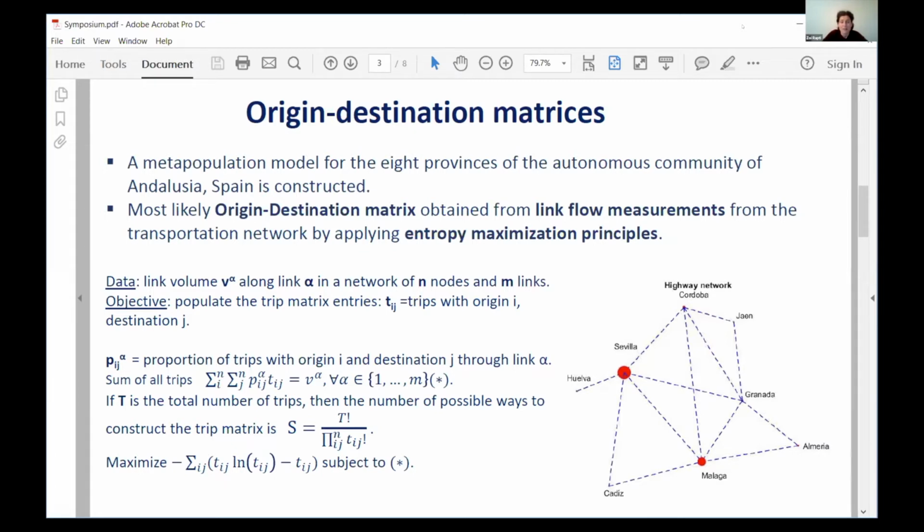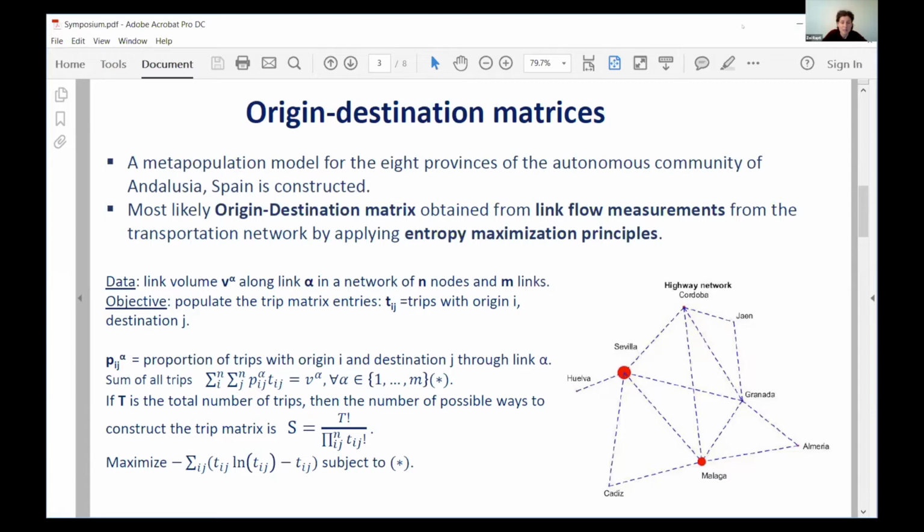I wouldn't say exactly readily, because Ria Kondu, who is also the PI on this grant, had to work very hard in order to make this work. So it's a non-trivial enterprise to obtain origin destination matrices between different locations.